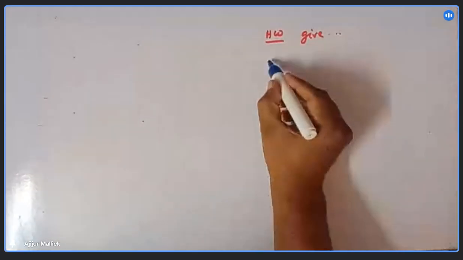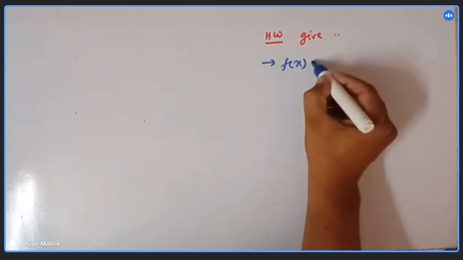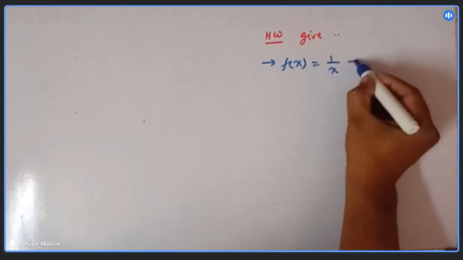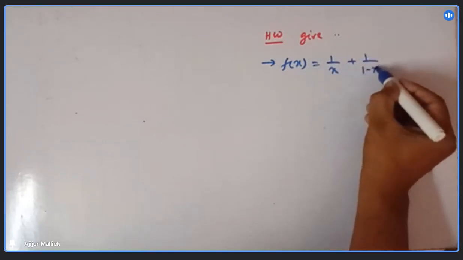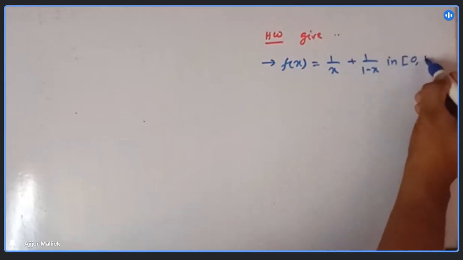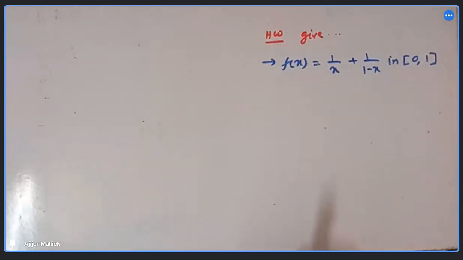We shall give an example. The solution is this. f(x) is equal to 1 by x plus 1 by 1 minus x in the closed interval 0, 1.